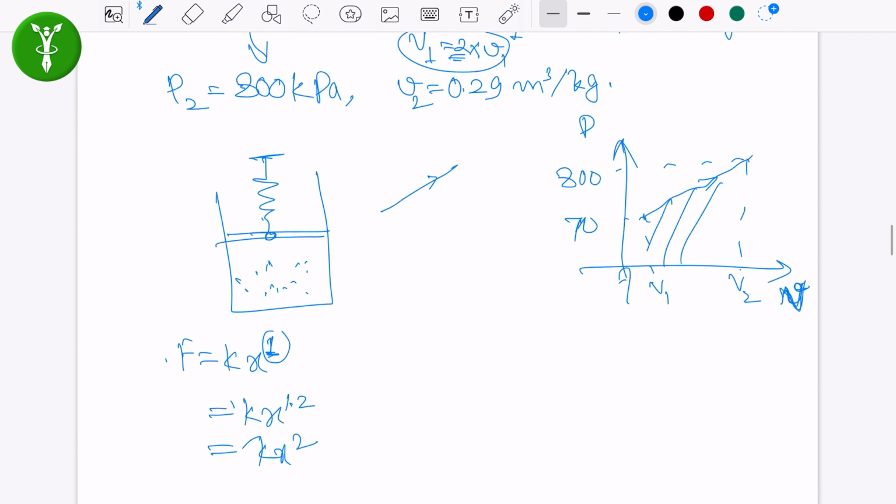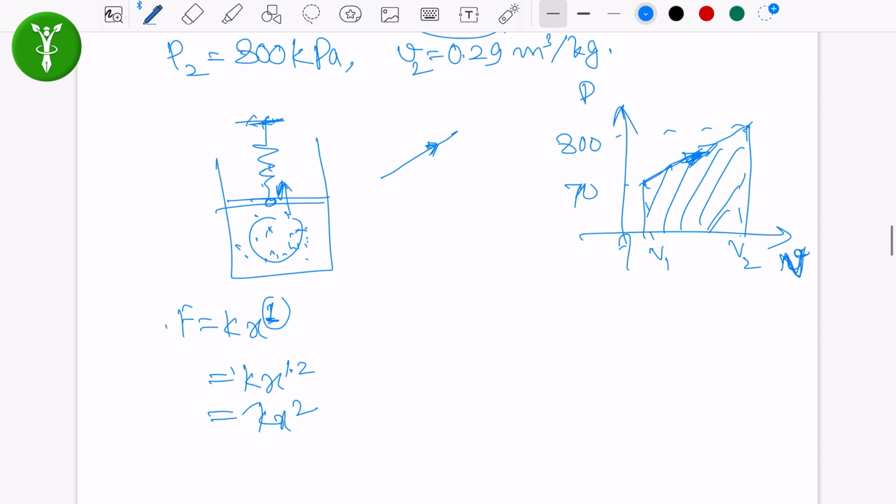The area under this curve will give us the work done on the spring. As the pressure increases, the piston will move upwards, so the spring will compress. That work done by the system on the spring will be stored in the spring in the form of spring energy, half kx square.